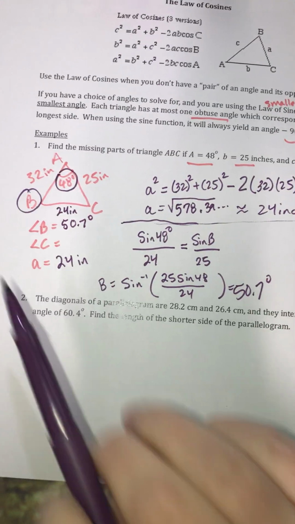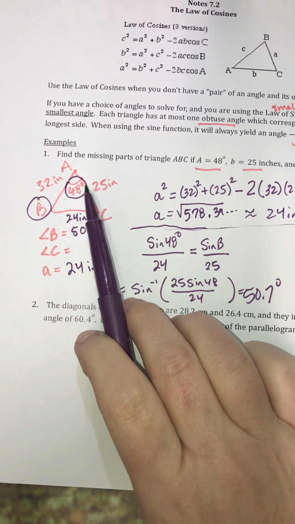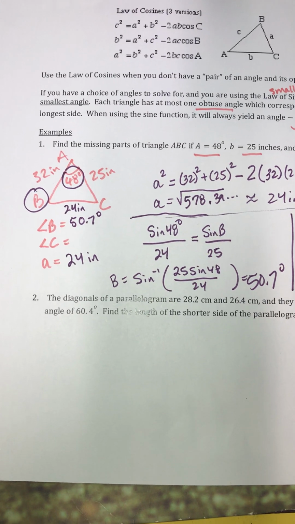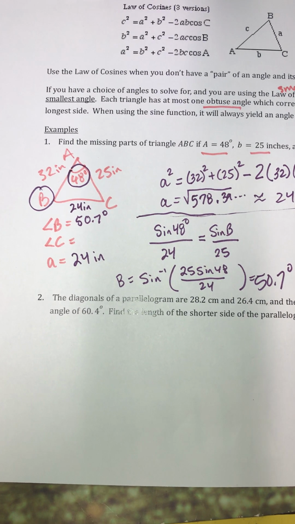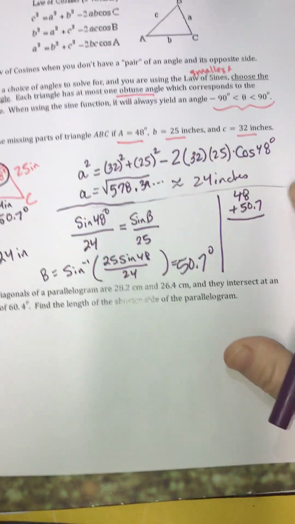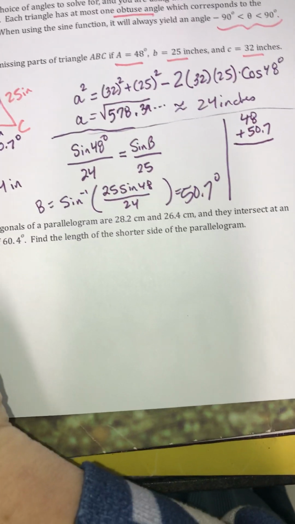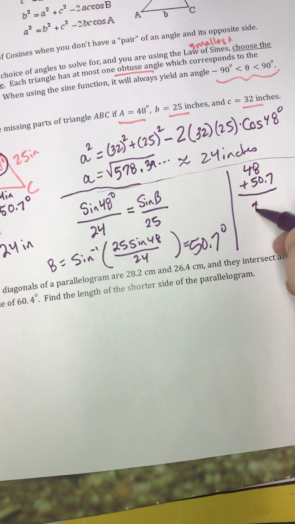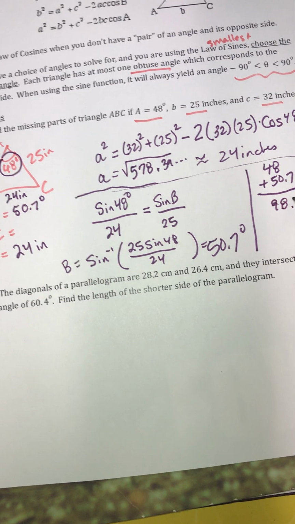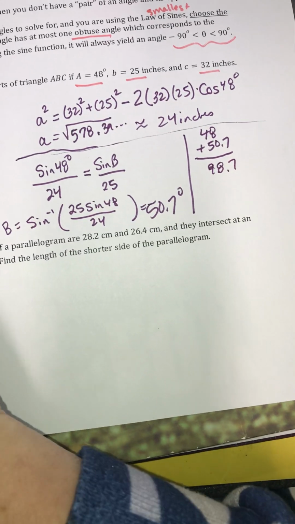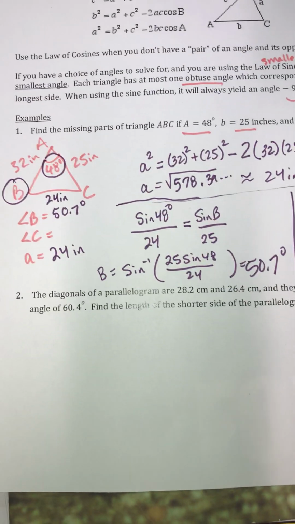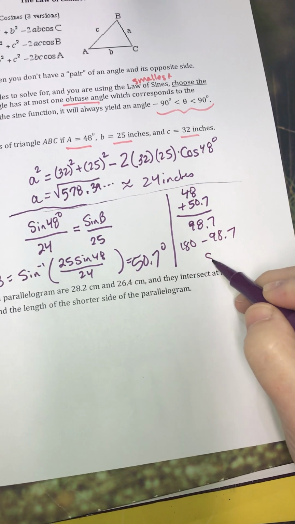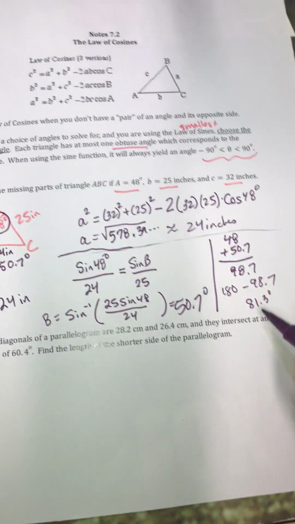And at this point, if I know this angle and this angle, I can find the third angle, angle C. So if I have a 48 and I have a 50.7, I can figure out what those two are together. So 98.7, take that away from 180. And that gives me 81.3 degrees for angle C.